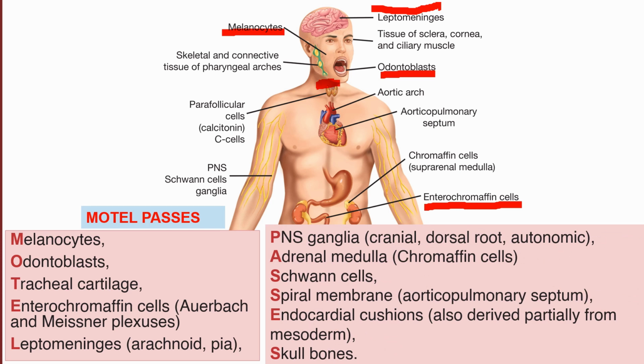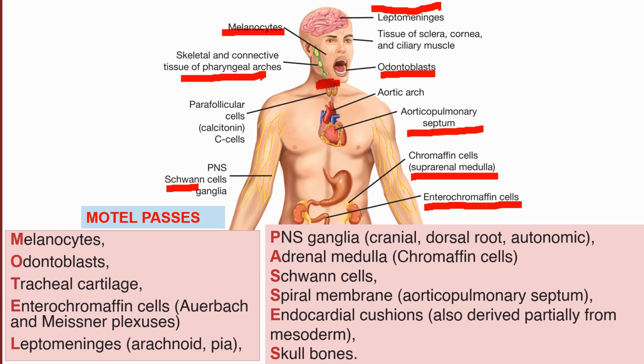P is for PNS ganglia, like ganglia of the cranial nerves, dorsal root ganglia, and autonomic ganglia, A is for adrenal medulla chromaffin cells, S for Schwann cells, and S for spiral membrane, that is aorticopulmonary septum and heart endocardial cushion, and skull bones. These are from the pharyngeal arches.